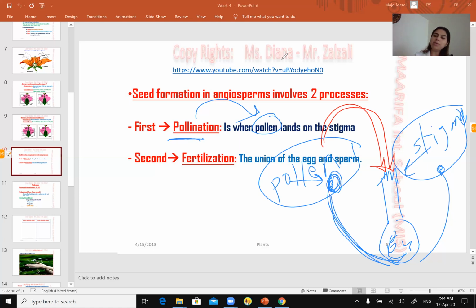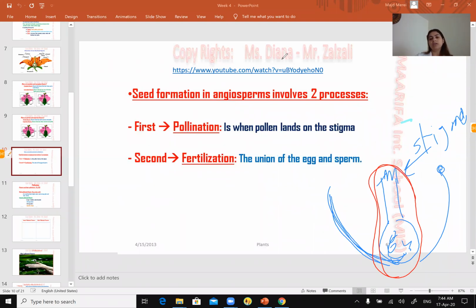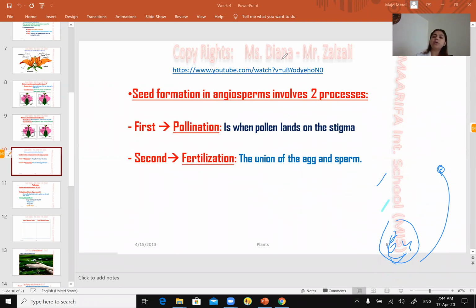Okay, now what will happen next? Double fertilization, we will discuss it later on. So pollination is when pollen lands on stigma, while fertilization is the union of the egg and sperm.